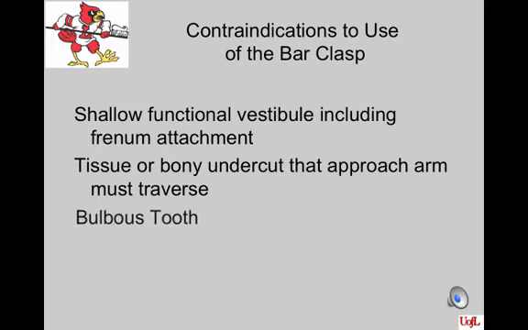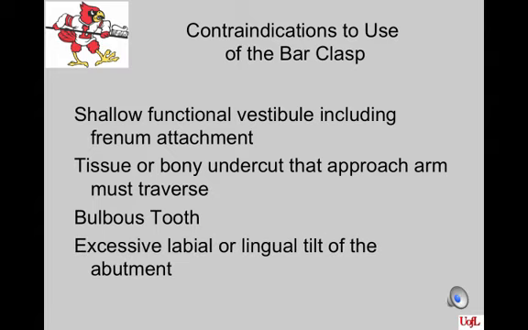If you have a bulbous tooth, then you have a severe undercut, and that may negate the use of the bar. If you have an excessive labial or lingual tilt of the abutment, and finally, if you don't have an appropriate undercut in the cervical third of the tooth, you cannot use the bar.